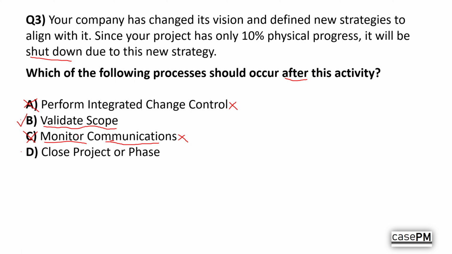This strongly fits the "what should occur after this activity" wording. Here, we absolutely will close the project, but not before we validate any completed deliverables. The correct order is termination decision, validate scope, and then close project or phase. Therefore, the best answer here is B, validate scope.